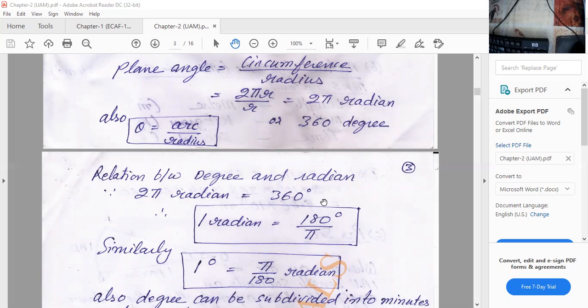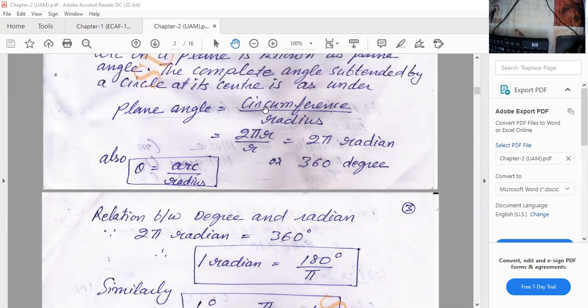Similarly, 1 degree is equal to pi by 180 radians. We can use these values for converting either radians into degrees or degrees into radians, right? Now, from the first formula, plane angle is equal to circumference upon radius. By this, we also introduce one more formula, that is theta is equal to arc upon radius.